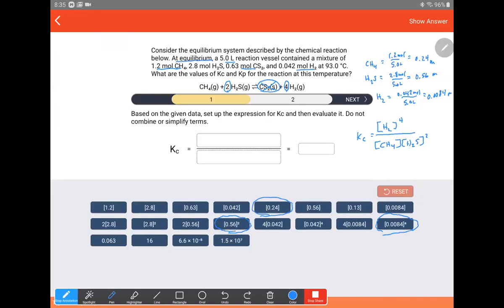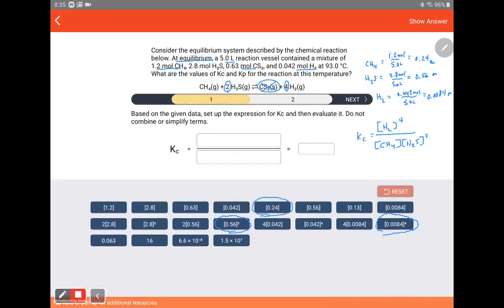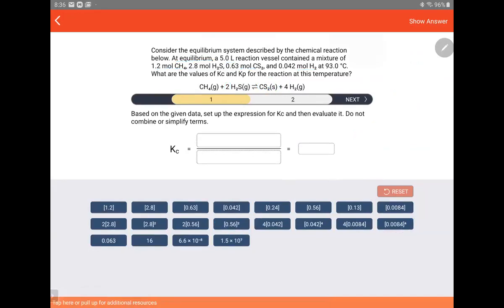So we can move those up. Put that on the bottom, 0.56 squared.